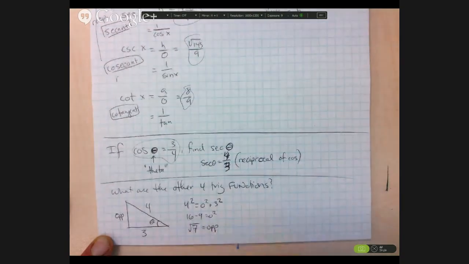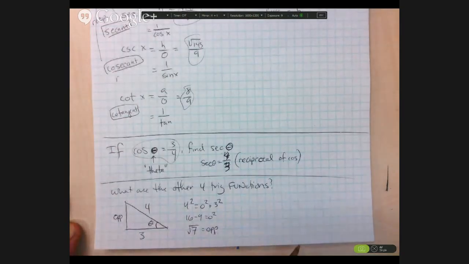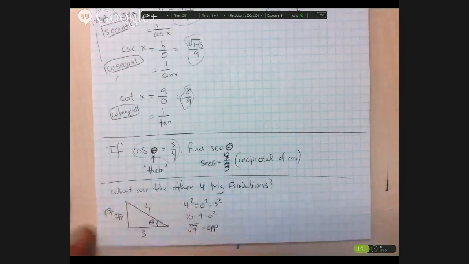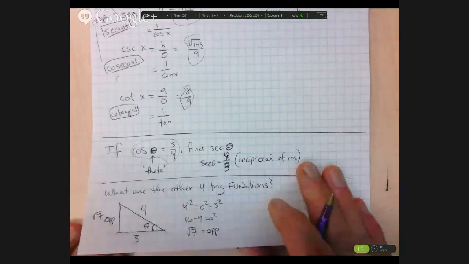Okay, can you get the other functions from that? If this is root 7, you can write out the other functions because I've shown you an example.